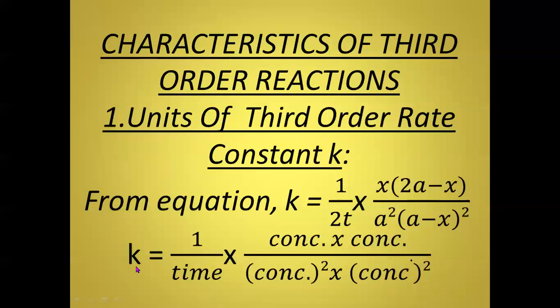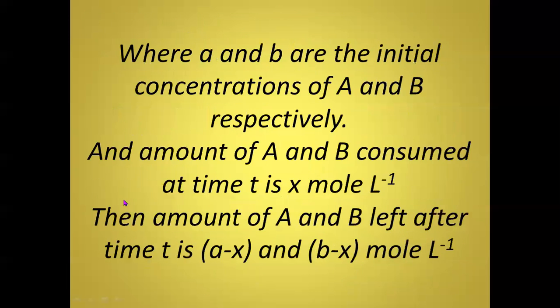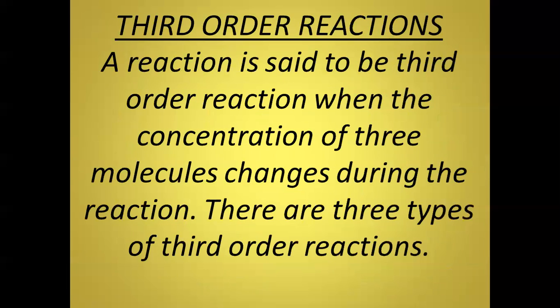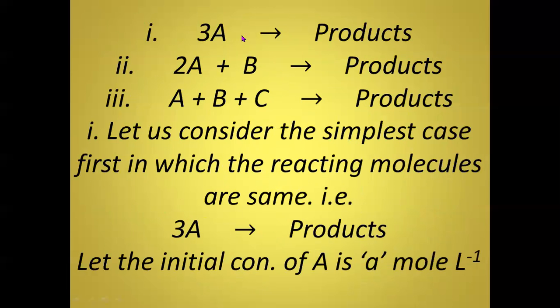Now, the characteristics of third order reaction. First, we will consider the units of the rate constant K. Here we discuss 3 different types of third order reaction: first, 3A gives product; second, 2A plus B gives product; third, A plus B plus C gives product.